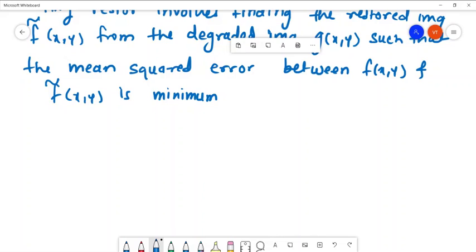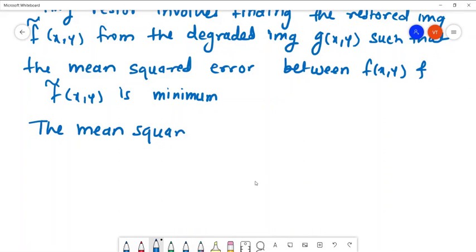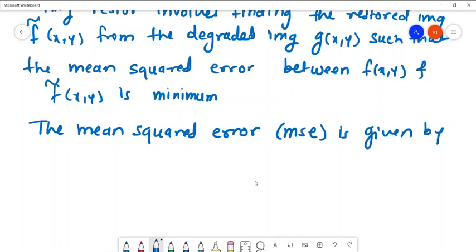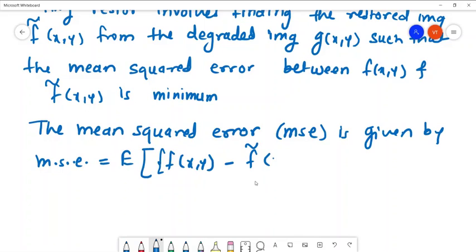Yeah, so the mean squared error, MSE, is given by MSE equal to f of xy minus f tilde xy the whole square, right?